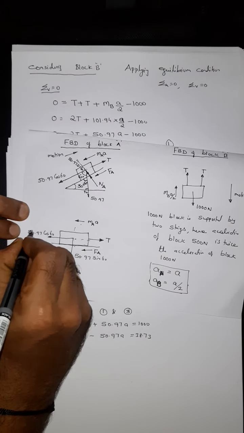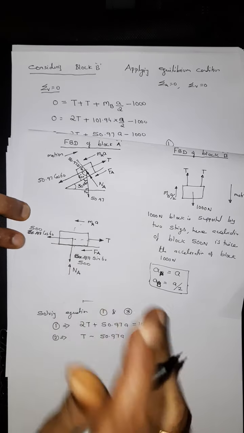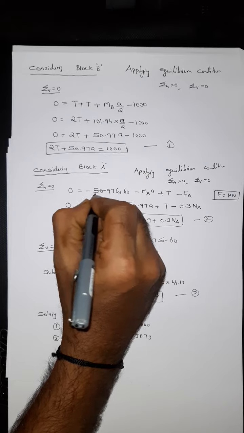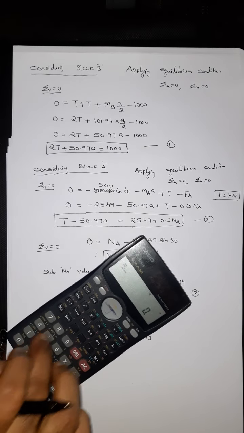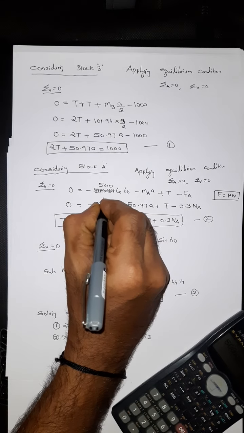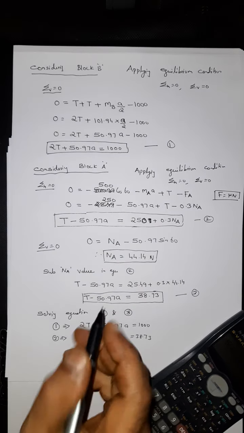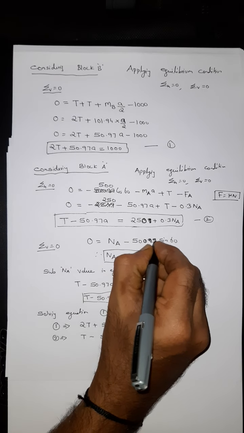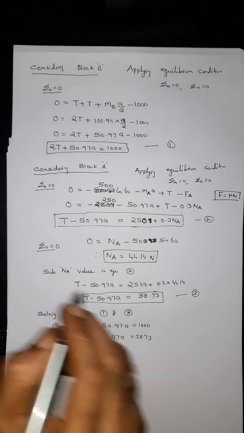There is a small mistake here. This should be in Newton. So the weight is 500 Newton, and 500 into cos 60 works out to 250. Similarly, here also it is 500 sin 60, so 500 into sin 60 is 433.